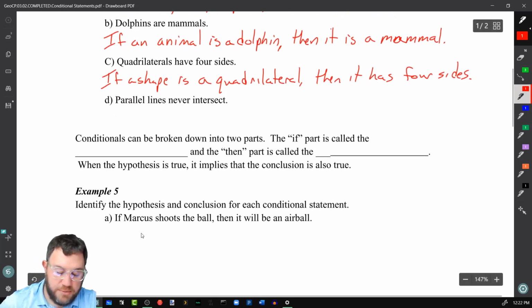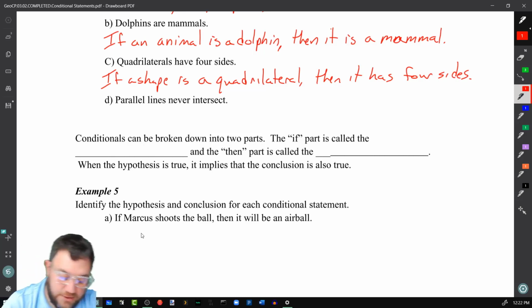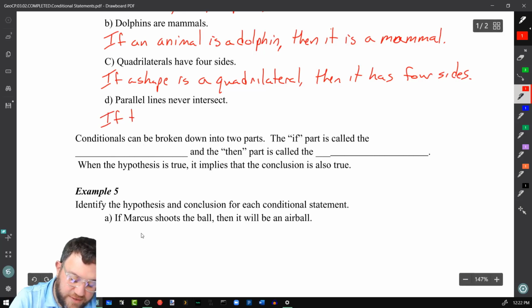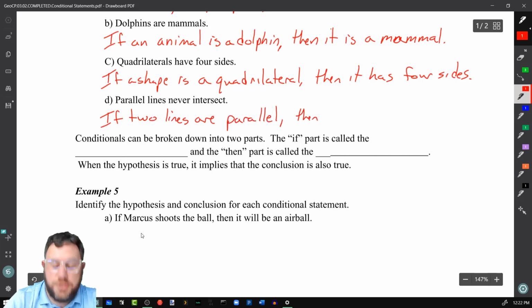And our last one, parallel lines never intersect. How many lines do you need to make them parallel? Can you have a single parallel line? No, you can't. So in this case, we have to say if two lines are parallel, then what is true? They never intersect. Or you could say the lines never intersect.